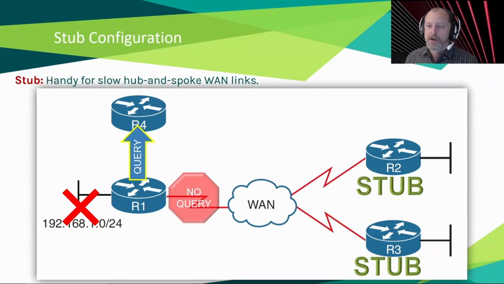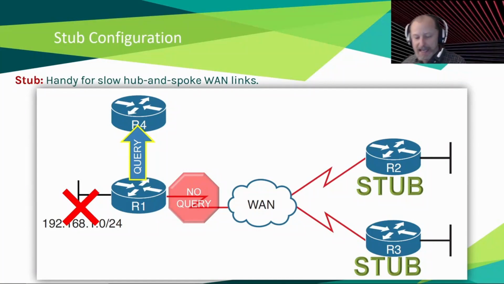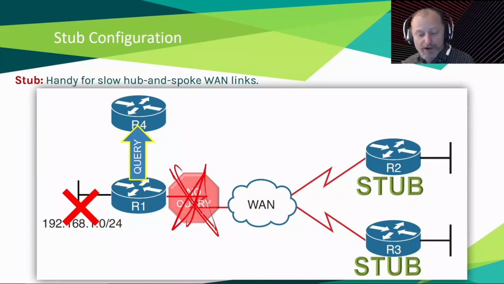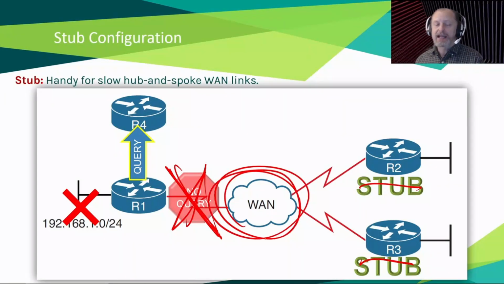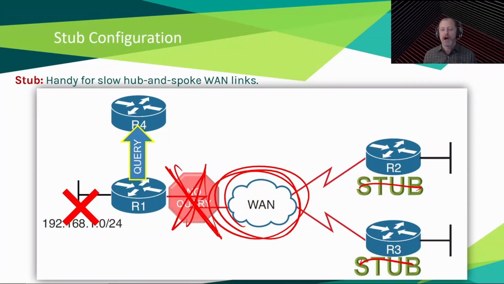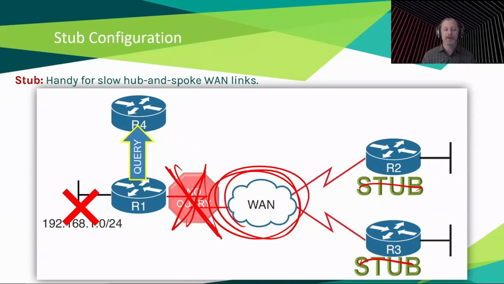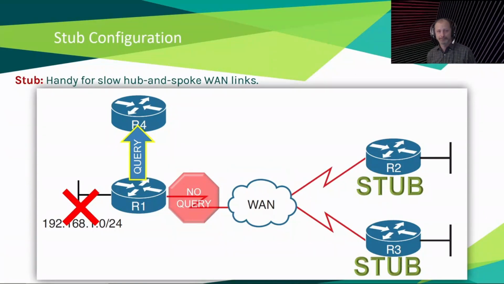So this is great, but if we were to send a query here, say these weren't stubs, and this was a WAN connection that maybe had some bandwidth issues, we might end up with a stuck in active situation perhaps, or maybe we have a hard time establishing a neighbor relationship. Okay.